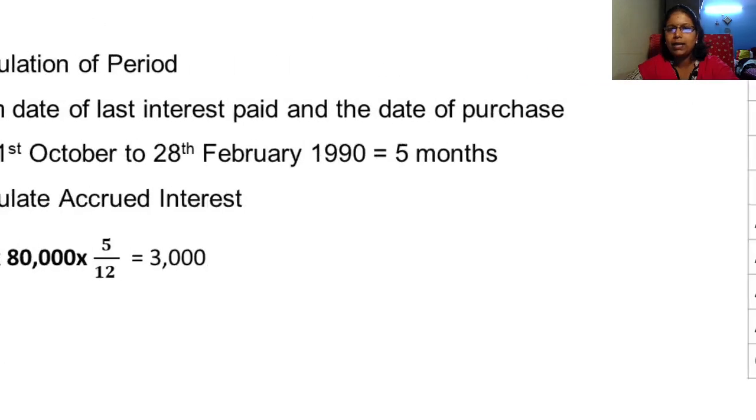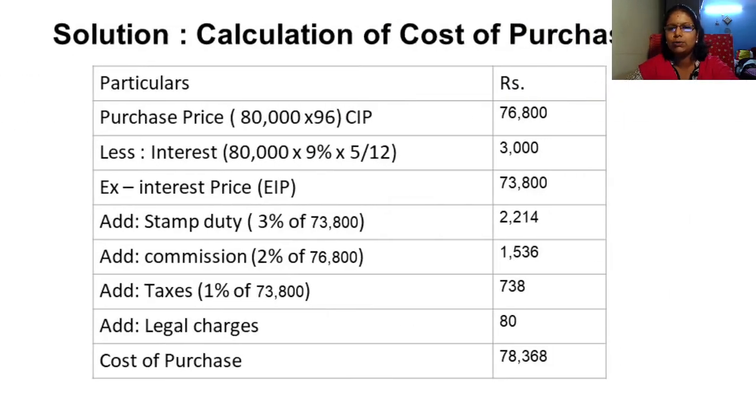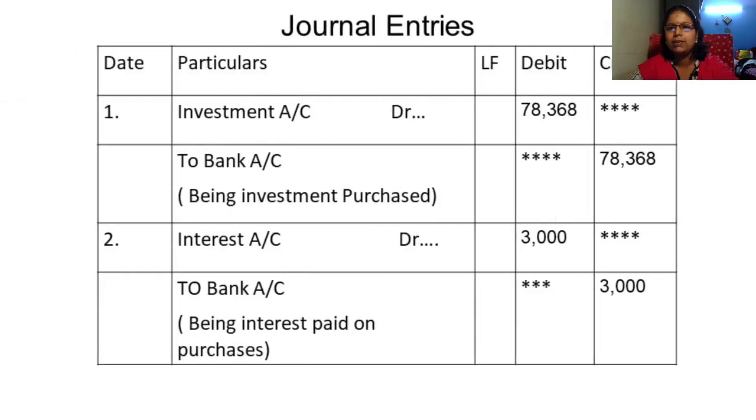You have to take the total cost of purchase, 78,368. Then second journal entry is for the interest account debit to bank account. So when you take interest account debit to bank account, 3,000 you must take into consideration.